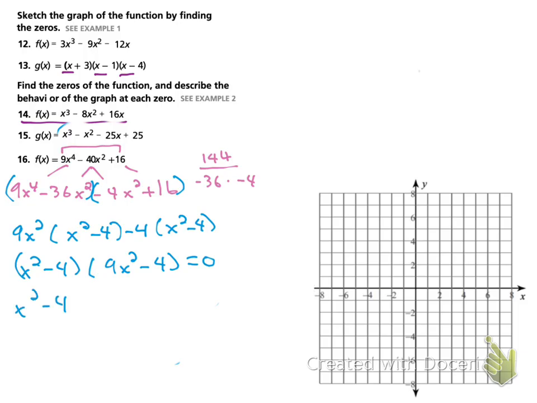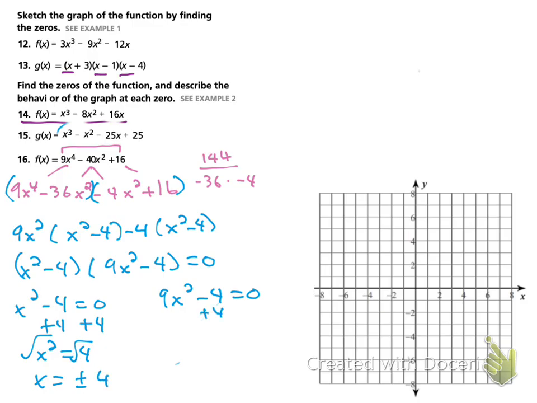Set them equal to 0. They're difference of squares, but you can also do it like this. Add 4, x squared equals 4, square root, x equals plus or minus 2. Add 4, 9x squared equals 4. Divide by 9. Thanks, Royce. My bad.